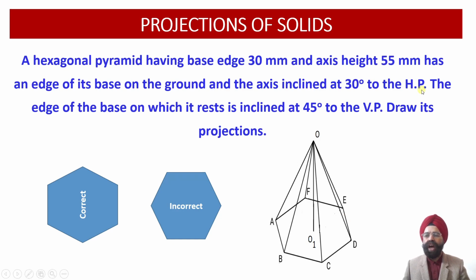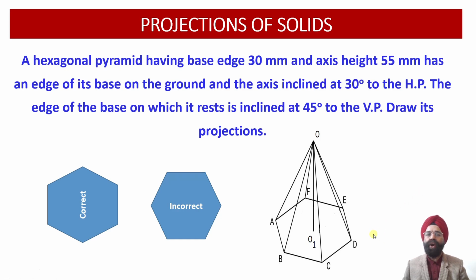Now we are provided with the information that in the second iteration, this edge onto which the pyramid is resting onto the ground, its true length is further inclined at an angle of 45 degree with respect to the vertical plane. So this edge we are further required to rotate at an angle of 45 degree with respect to VP.